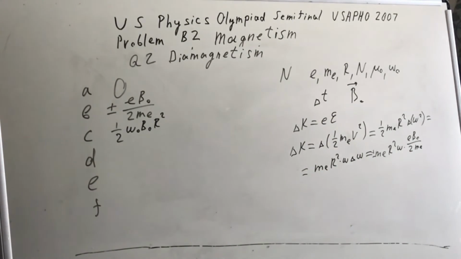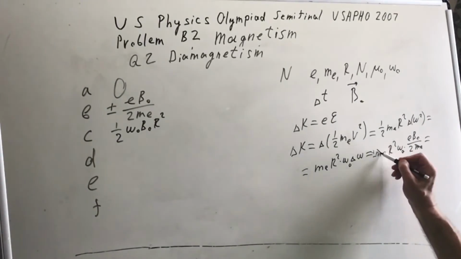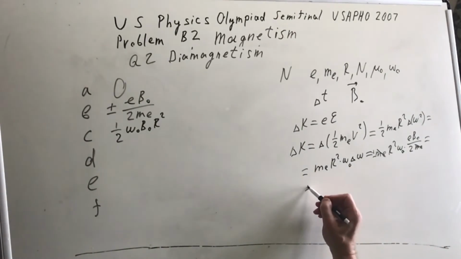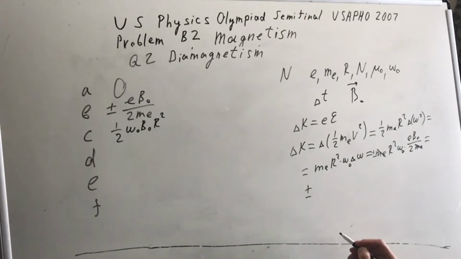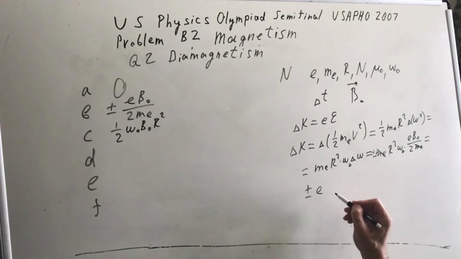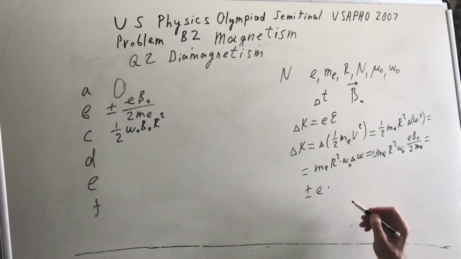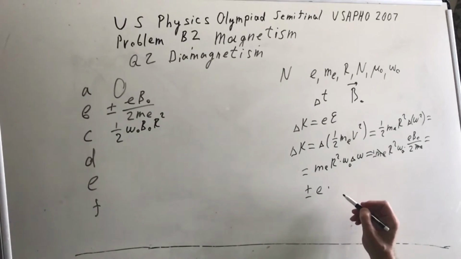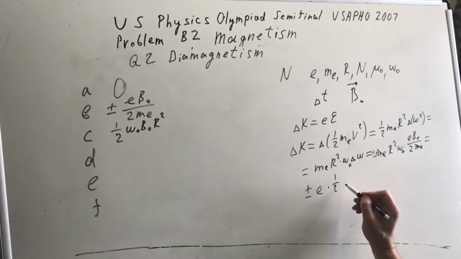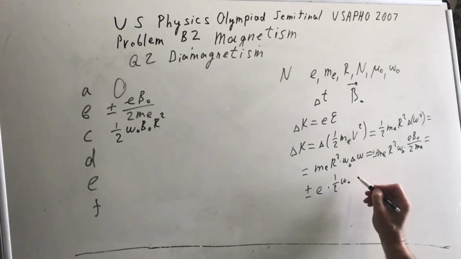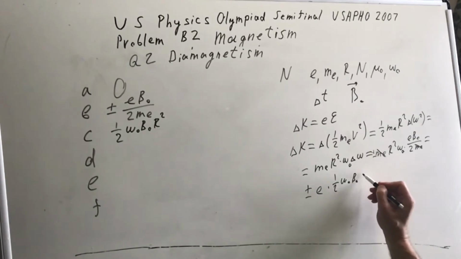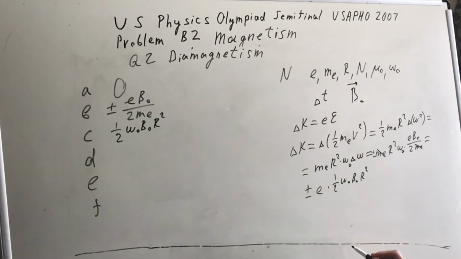Now what do we have? The masses cancel, and then we have plus or minus charge of electron multiplied by 1/2 omega 0 B0 r squared.